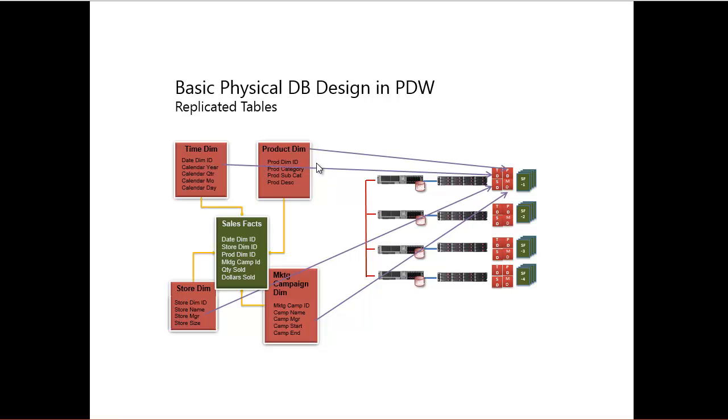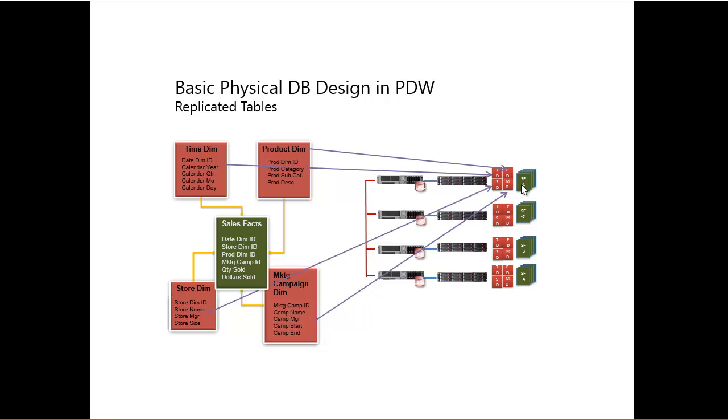The reason you want to replicate your dimensional data is that you want local joins occurring on your nodes, meaning that all the data is local to the node. Whenever data has to travel from node to node to resolve the join or the query, that is inherently a much slower process than resolving those joins locally. So that's why your dimension tables are replicated, to get the greatest speed possible for joins.